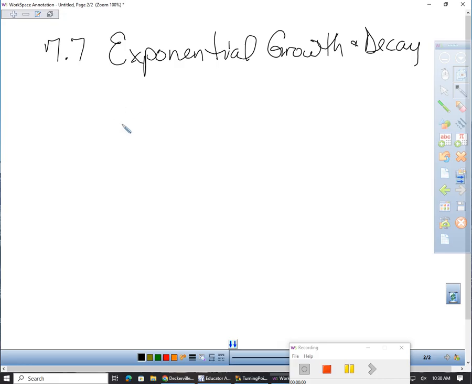Remember that the equation we use is y equals ab to the x, where a was your y-intercept, which is also what we consider our starting place, or our starting value.